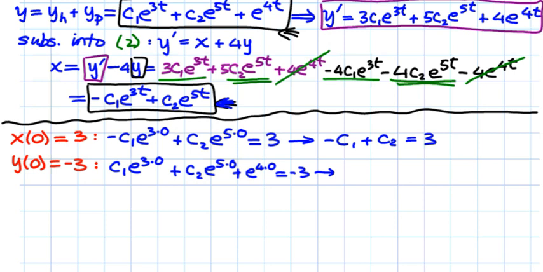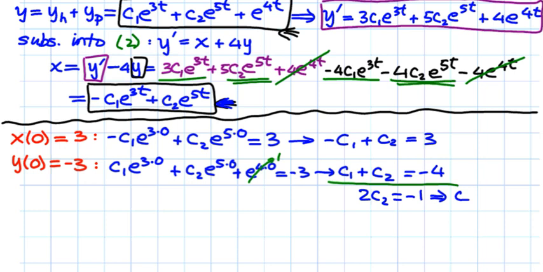When we simplify that, we have c1 plus c2 equal to negative 4. Add side by side because the c1 cancel out. We have 2c2 is negative 1.